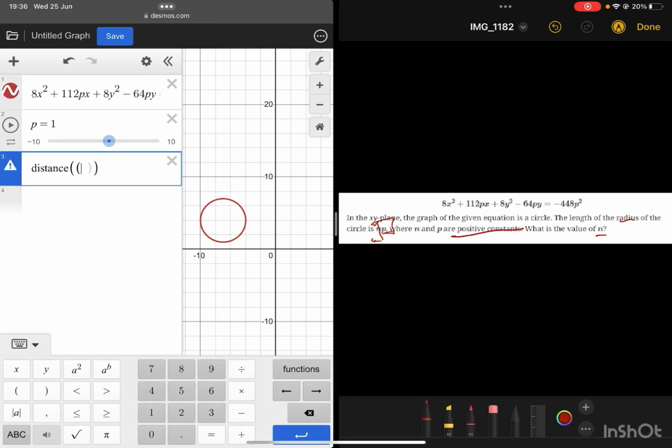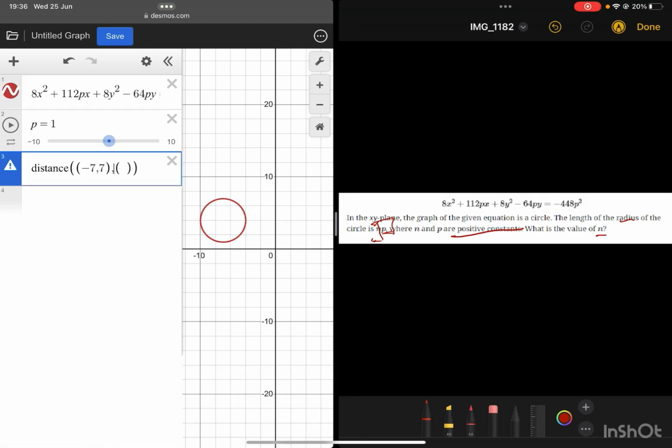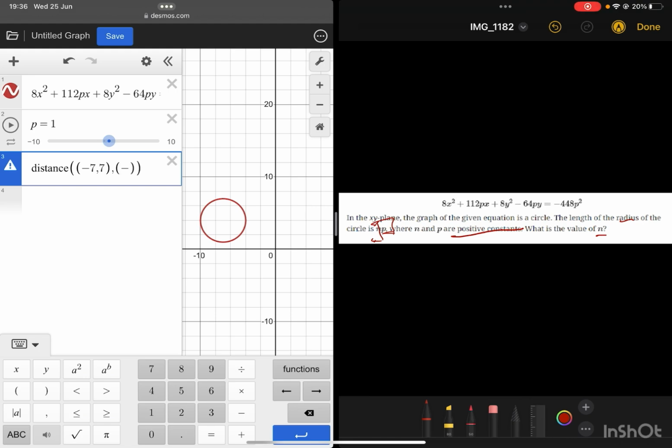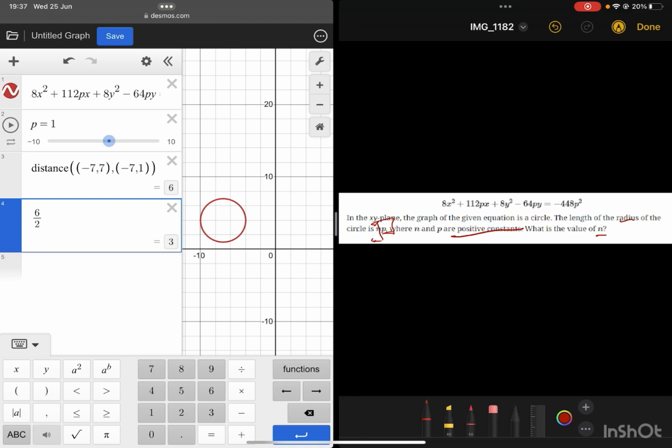We'll just open another one, close it, and then we have -7 and 1. So now we have 6 as our diameter, but what we gotta find is the radius. So we just take 6 divided by 2, which is 3. So now we have 3 as the radius.